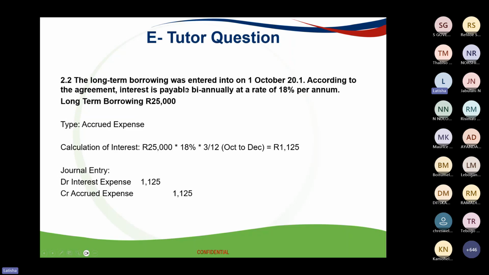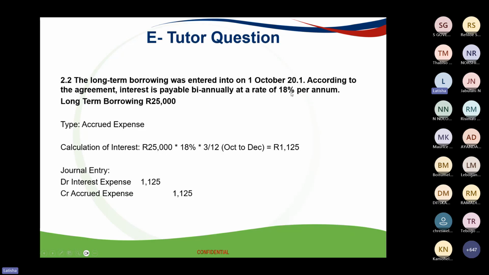So essentially the long-term borrowing is a loan that we are taking out. We took it out on the 1st of October and our year end is 31st of December. That means that we had this loan for 3 months of the year. Took it out on the 1st of October, our year end is 31st of December, so it's October, November, December. It also tells us that interest is payable biannually at a rate of 18% per annum.